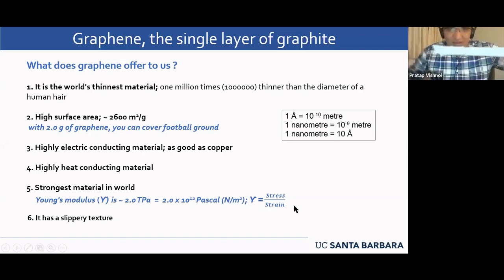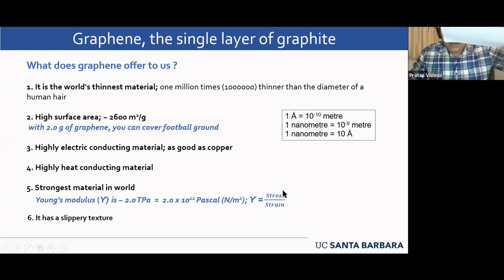Strain is nothing but the change in length divided by the original length. When you leave it, it will quickly come back to its original because it's an elastic material. The force with which it comes back is called stress, which is the numerator here. The stress is the property of the material. Strain is nothing but what we do.